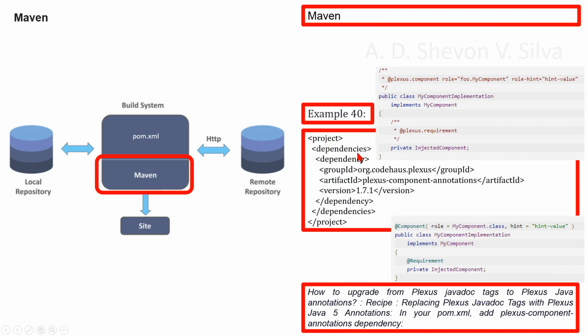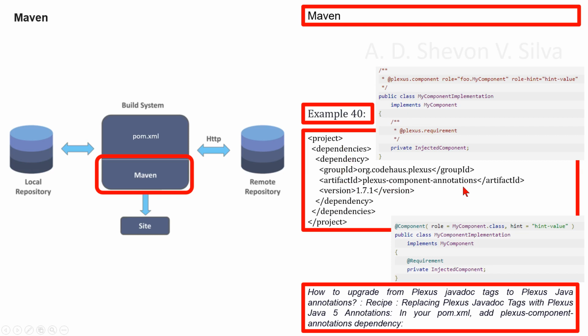Here you can see the recipe for how to upgrade the Plexus Javadoc tags to Plexus Java annotations. In your pom.xml, add the Plexus component annotations dependency.